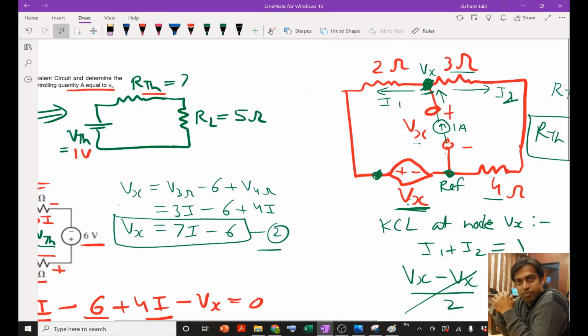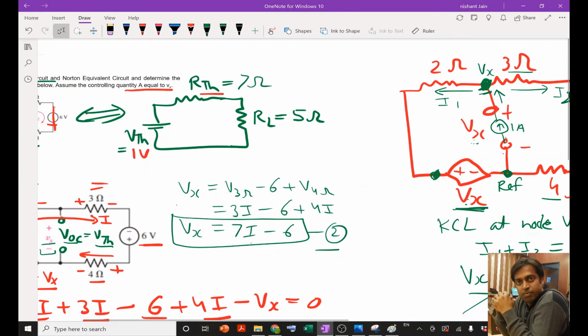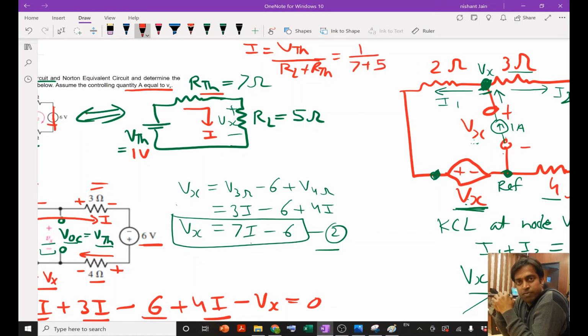And now I can put 7 ohm over here. Now to calculate the value of Vx, which is this, first of all I will determine the value of the current, this current I. It will be VTh upon RL plus RTh, and it will be 1 upon 7 plus 5, so it will be 1 by 13 ampere.